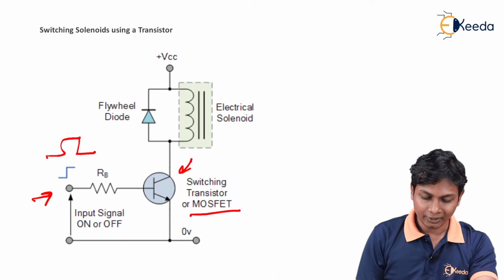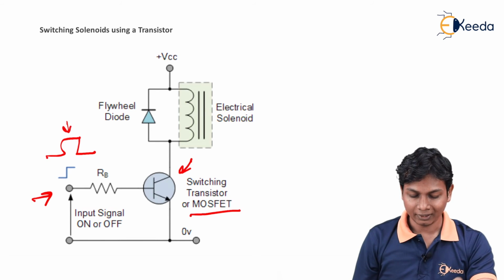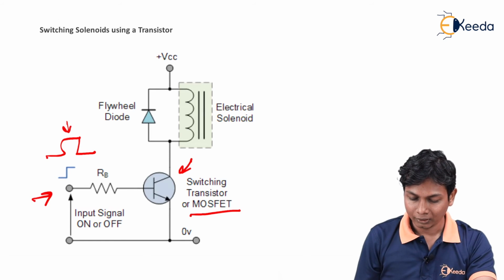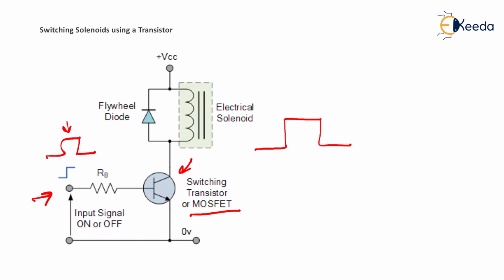When the pulse is on the positive side, our switching transistor is on, and when a negative pulse is applied to the transistor, our transistor becomes off.